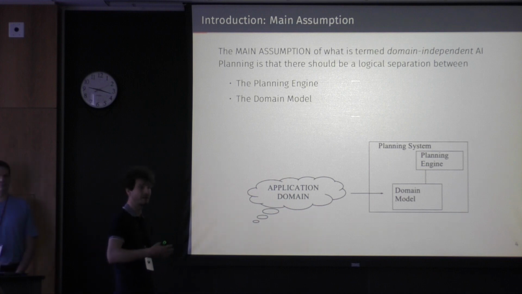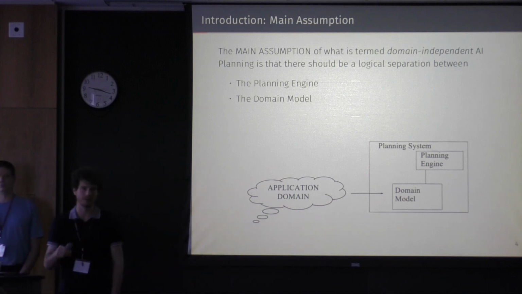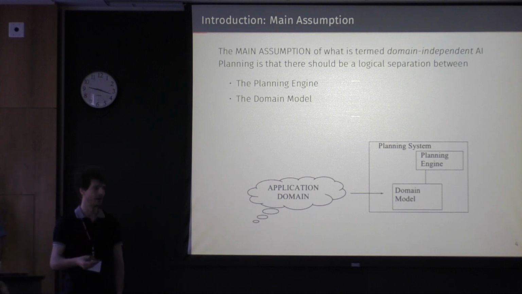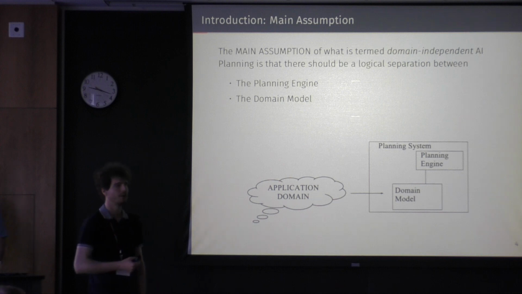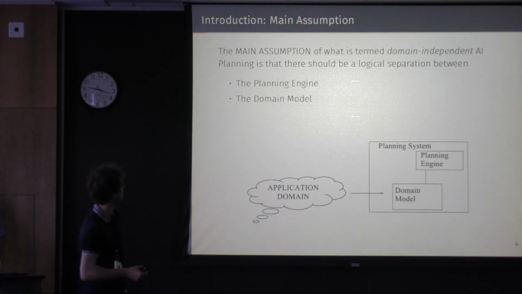So you are developing some techniques which are general, which don't need any specific knowledge of the application, and you then try to improve them in order to make them efficient and effective for a wide range of possible applications.